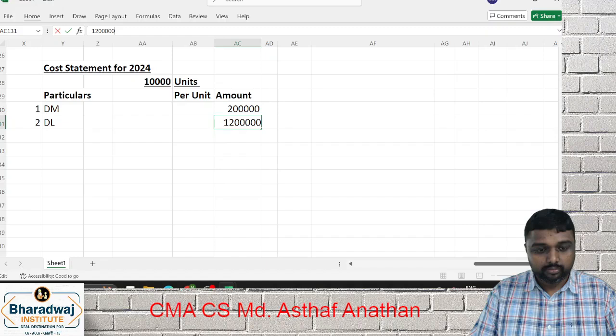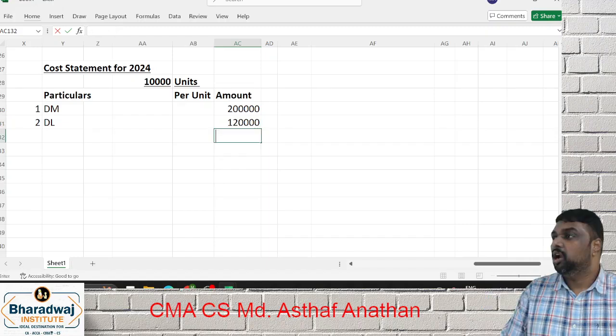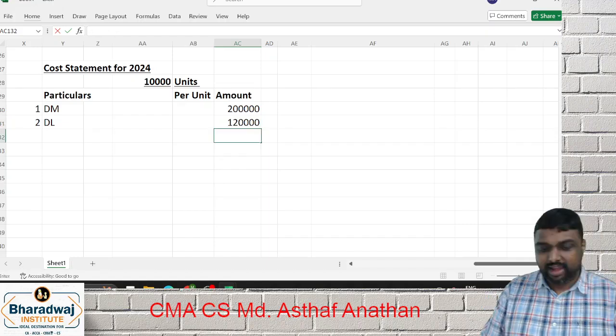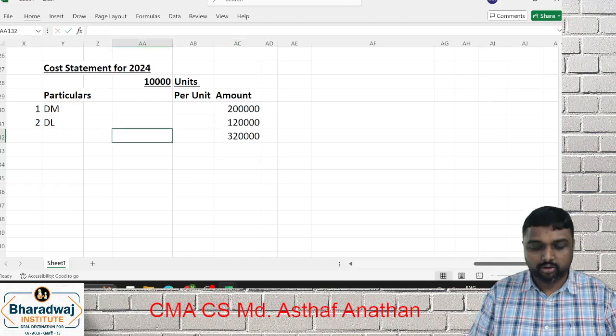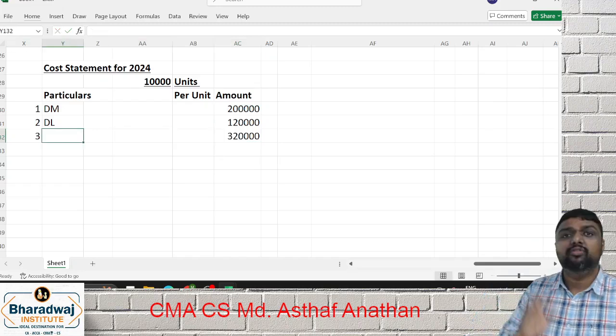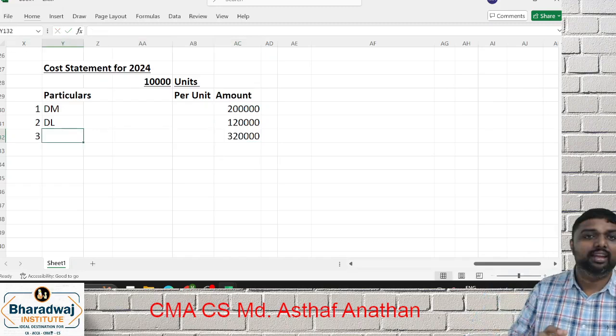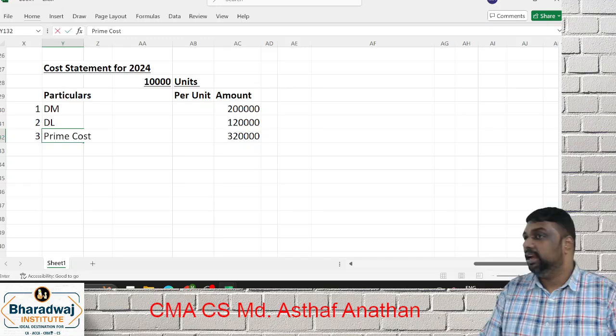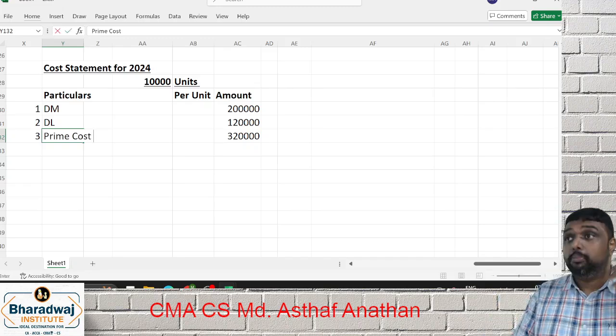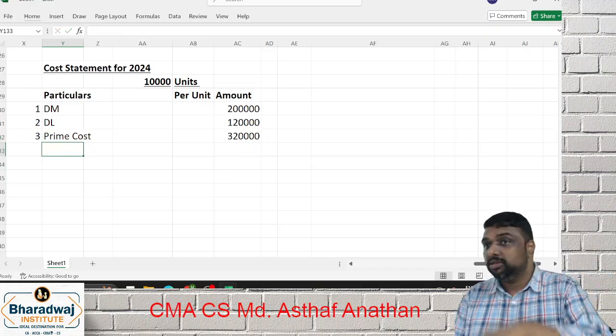Here you get prime cost, so you can go directly, or if you want you can go step by step also. They are not asking for 2024 separately, so you don't need to show prime cost like this. Anyway, I'm just showing it, but in the exam, if there is no time, prime cost is not required. It's for reference purposes we are preparing.